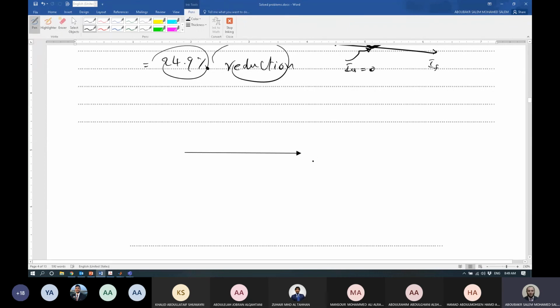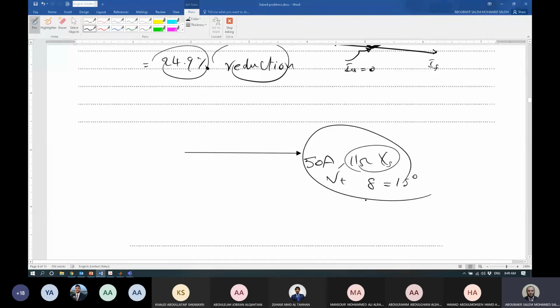If we have a current of, for instance, 50 amps, and we don't have power factor, only 50 amps, and XS is given as 11 ohm, and you have V terminal, you don't have EF and are required to get EF, and delta was given equals 15 degrees. How can we solve the problem in this case? You have the magnitude of current without power factor, and you have terminal voltage and power angle.